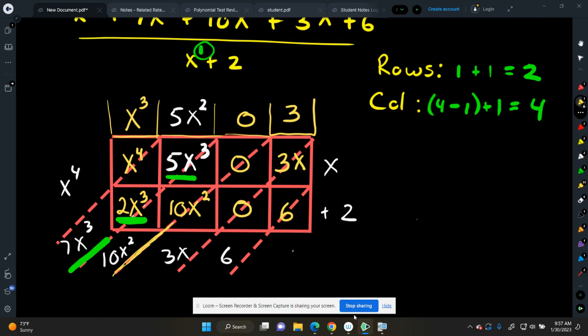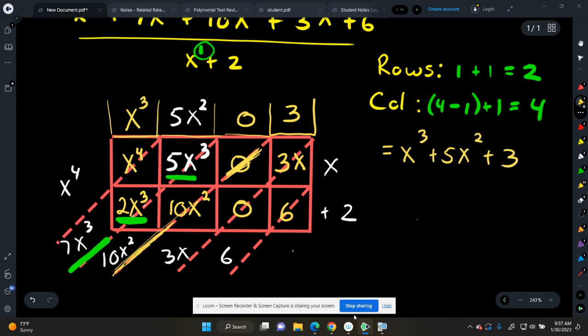Because I already had 10x squared and didn't need any more, there's nothing here, because I'm looking at my diagonals. So this is going to equal x to the third plus 5x squared plus 3.